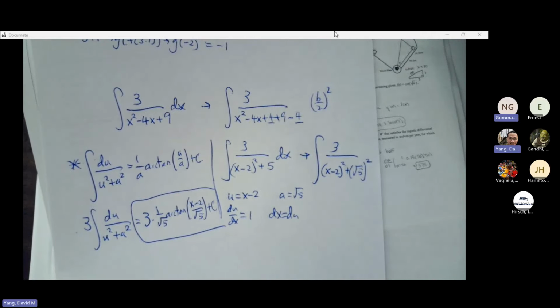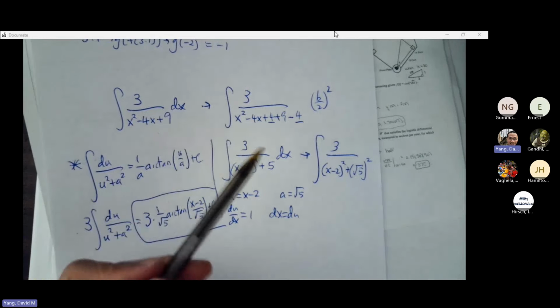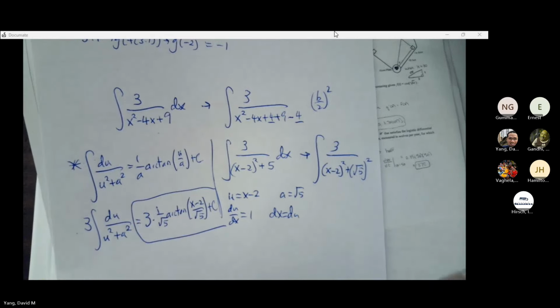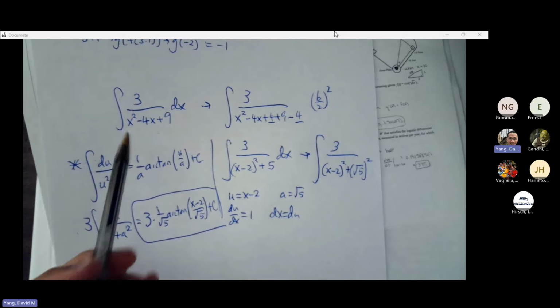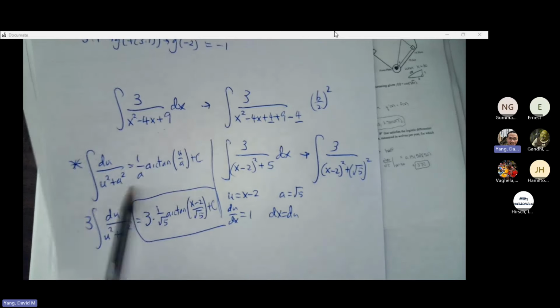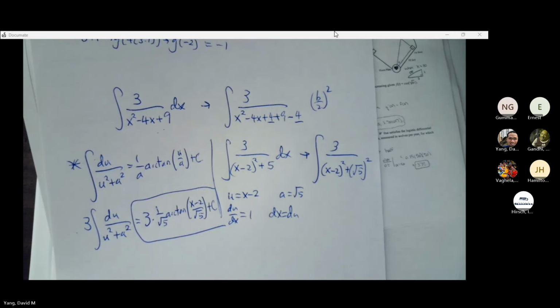If I can factor it, then I want to go through a partial fraction. If I can't factor it, and I have to go through complete the square, then I would do arctangent. Okay, that makes sense.